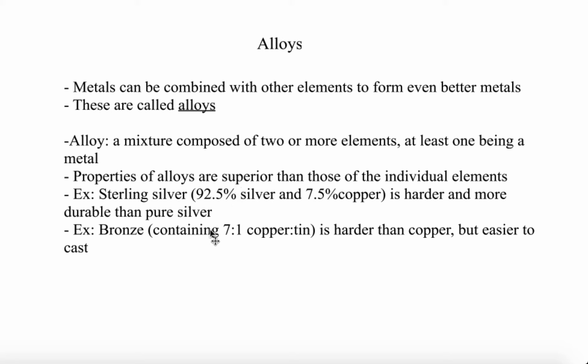Similarly, bronze, which is a mixture of copper and tin, is a lot harder than copper, and yet it's easier to work with. So alloys are a combination of different elements, with some of them being a metal, to help out the properties of the original metal. Basically, it helps make them better. So we have alloys to make better forms of our metals.